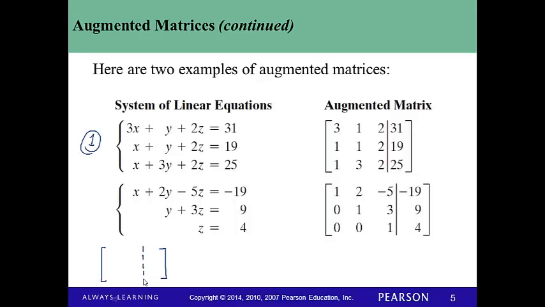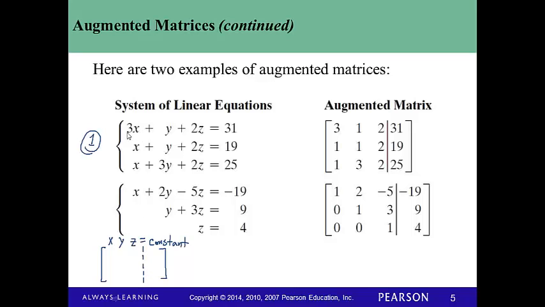Now I like to draw mine dashed, but it's still a vertical line. To the left of it are my coefficients. So let this be the x column, the y column, and the z column. And I will write the coefficients here. And then to the right of the vertical bar are the constants. So you can treat this vertical bar as if it's the equal sign.